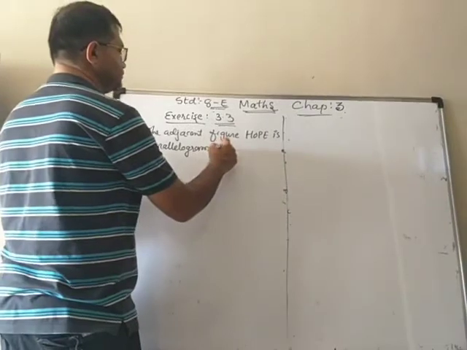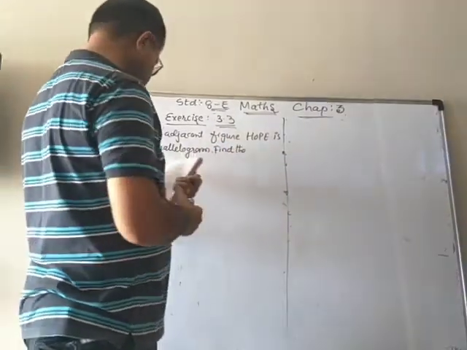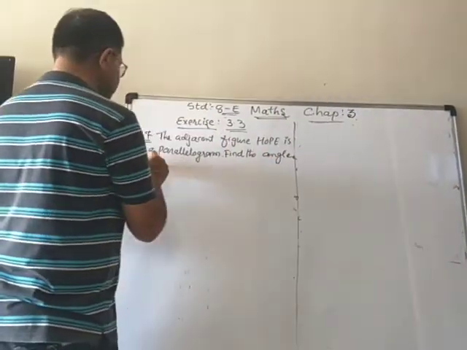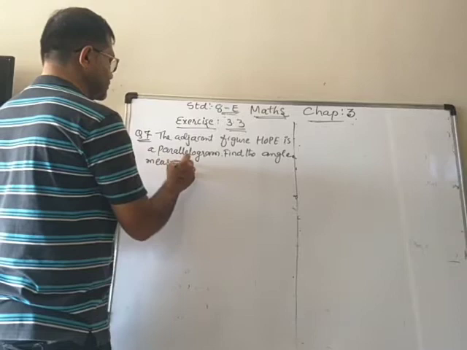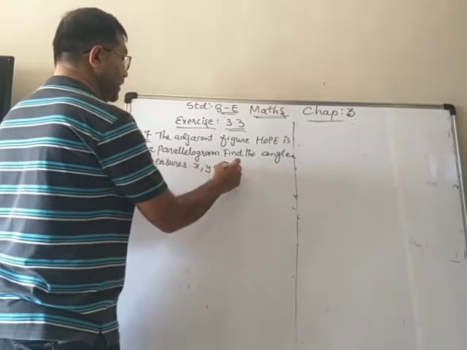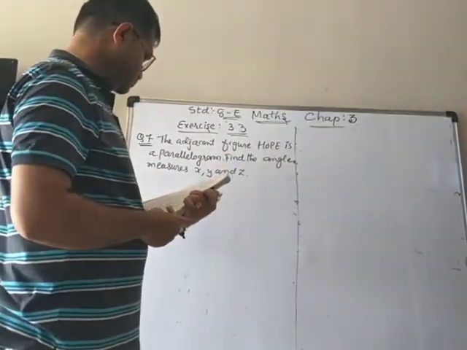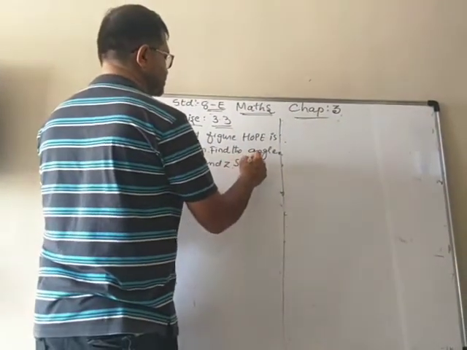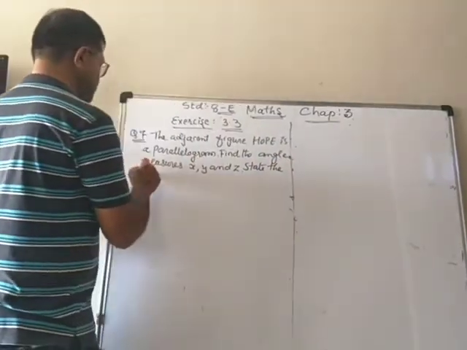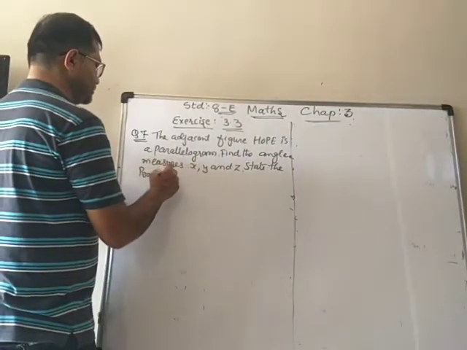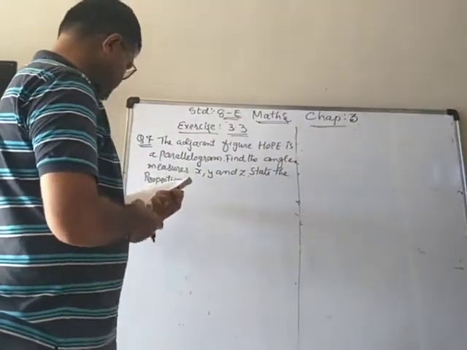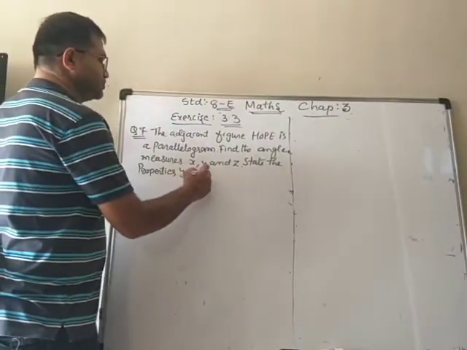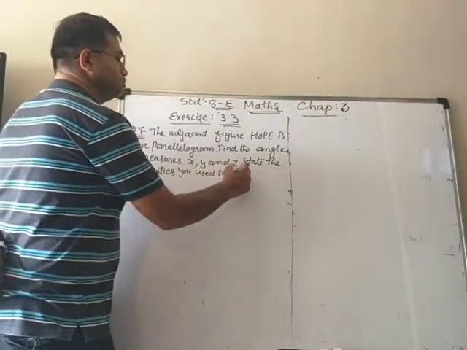Find the angle measures x, y and z. State the properties you used to find them.